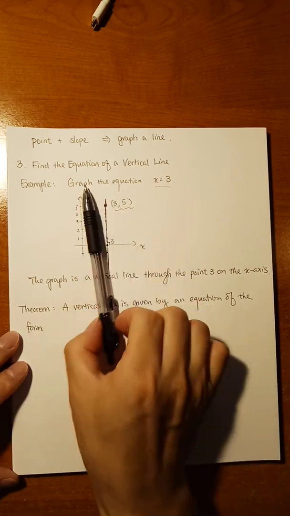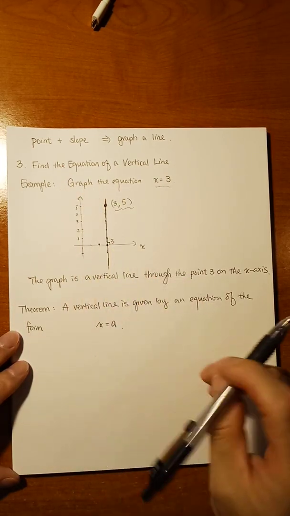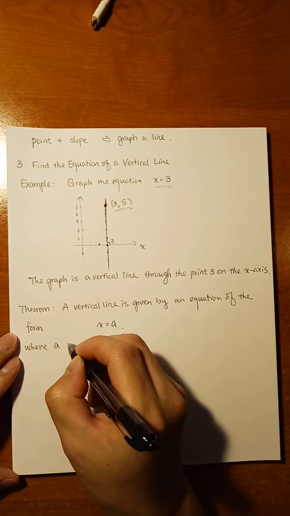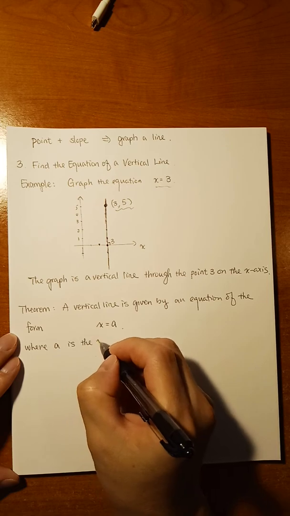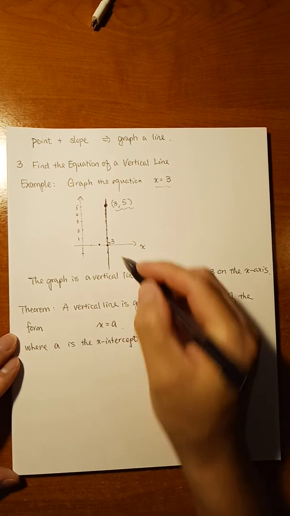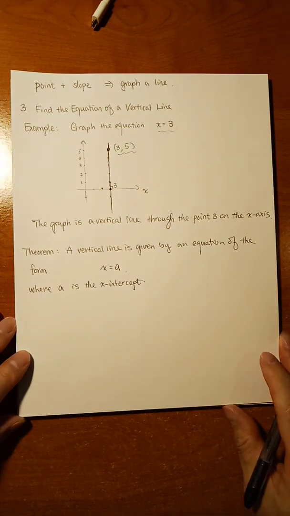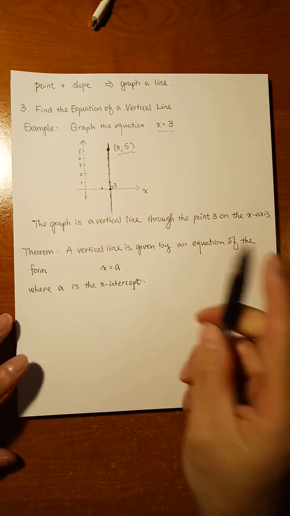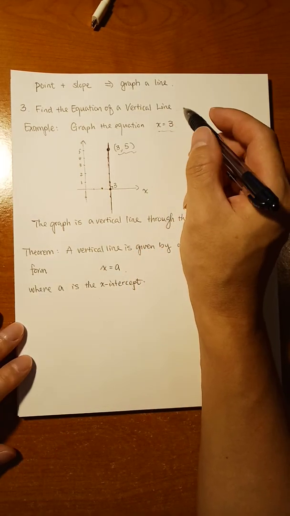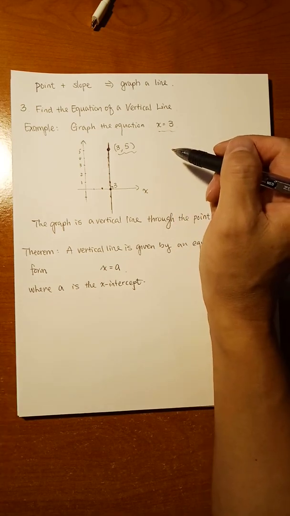As a changes, the vertical line changes, but every vertical line will have an equation of such form, where a is the x-intercept. So it's very clear. A vertical line has equation x equal to something.